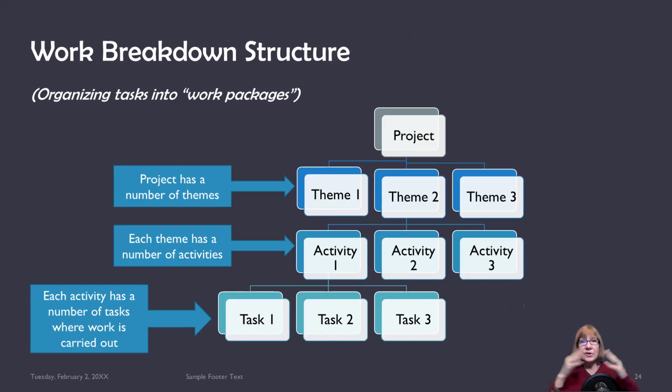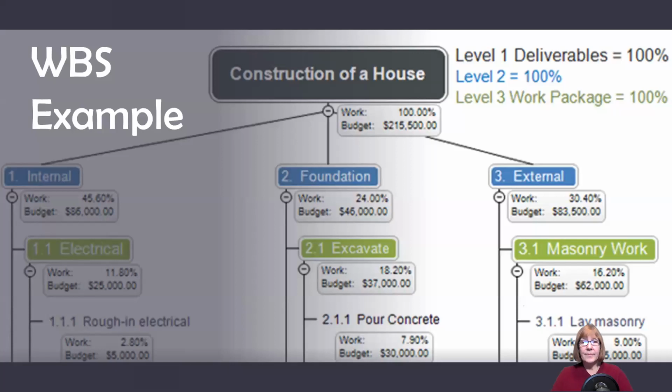But essentially, you just need to know that there's the project at the top, and then there are kind of like major categories, major themes. And then each theme has got a number of activities, and each activity has a number of tasks. This is where work is carried out. This is a work breakdown structure example.